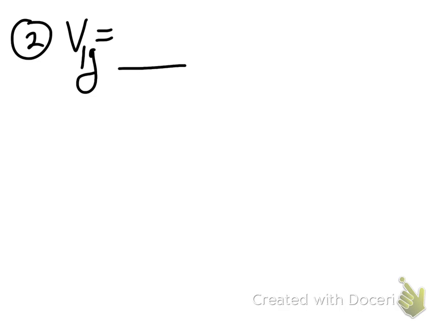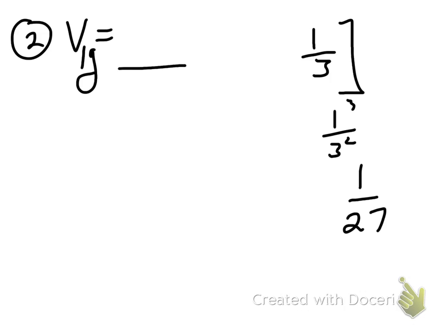Okay, so then step 2, the volume of the large box. You find that by saying, okay, our scale factor of 1 to 3, we need to cube that in order to make it in terms of volume scale factor instead of just a scale factor. So 1 cubed over 3 cubed, that is 1/27.